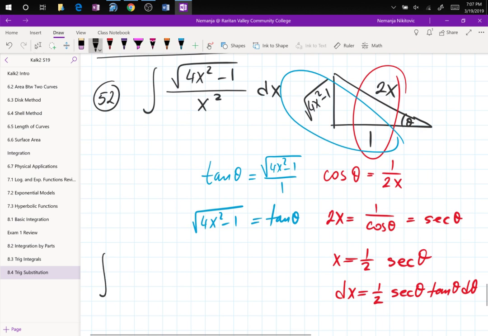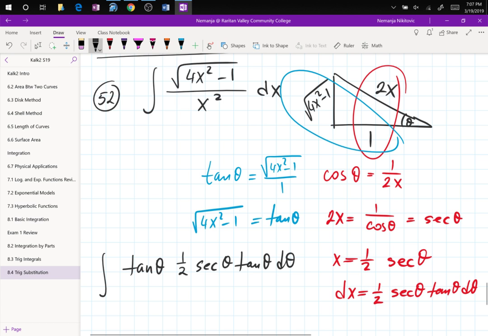So I have the integral, and my numerator up there is tangent theta, and the d theta is 1/2 secant theta tangent theta d theta.